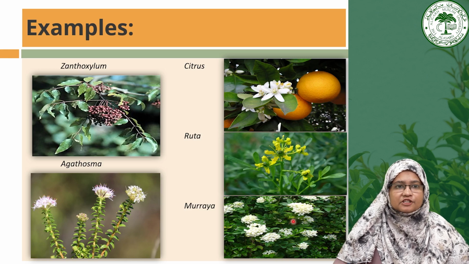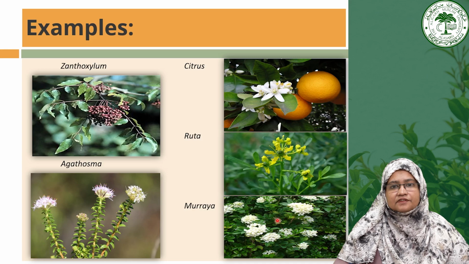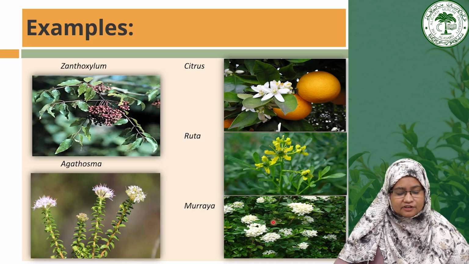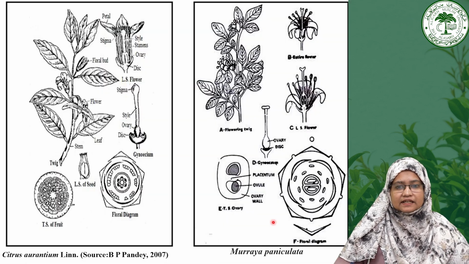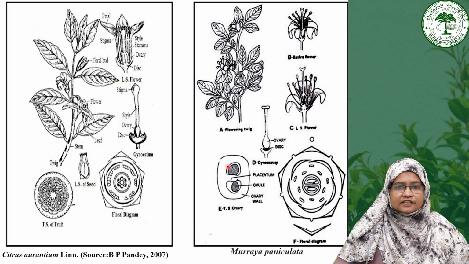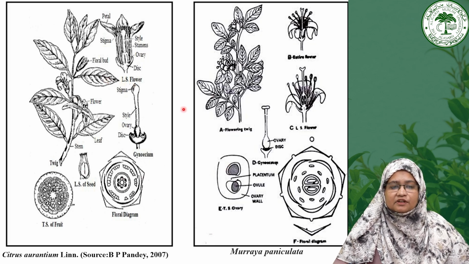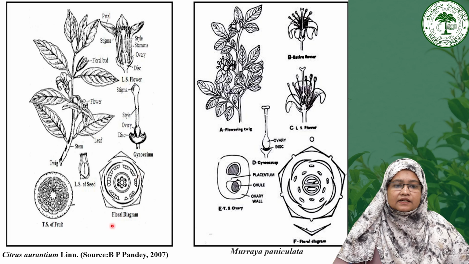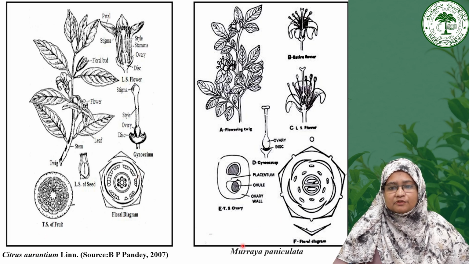Then Murraya, some species of which are called curry leaves, which also have an aromatic odor and are used as condiments. And this particular figure shows the characteristics of the family Rutaceae. Here is Citrus aurantium, and then this one is Murraya paniculata.